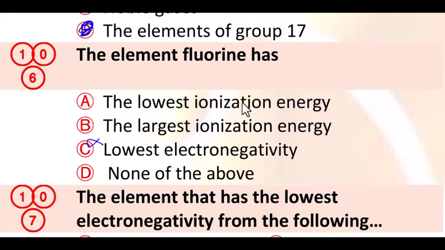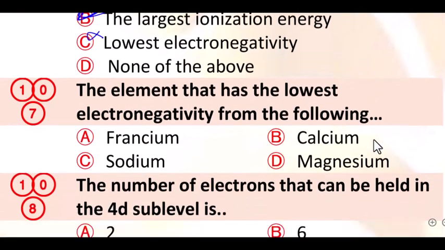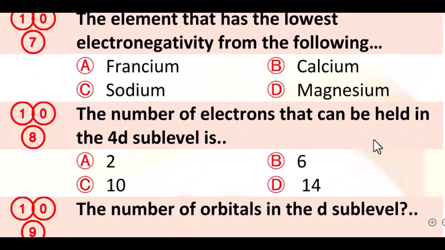So the lowest, no. The lowest ionization energy, no. The largest, yes, the largest ionization energy. Fluorine and chlorine have the largest ionization energy, and it's also the highest electronegativity. The elements with the lowest electronegativity from the following are francium, cesium, and rubidium.